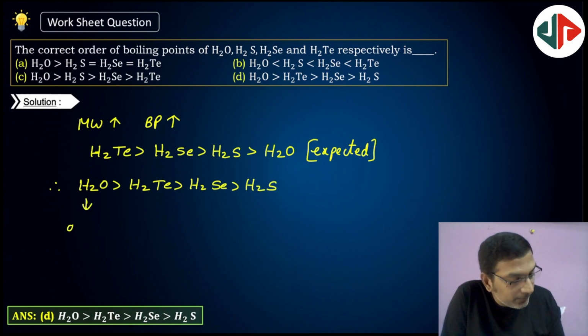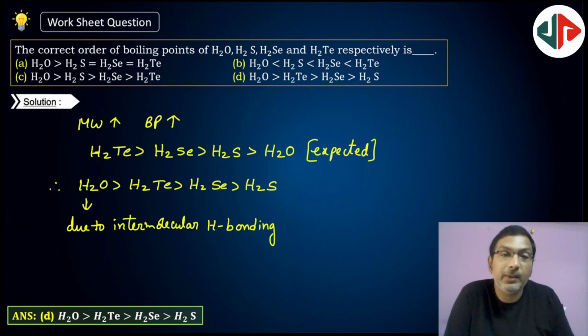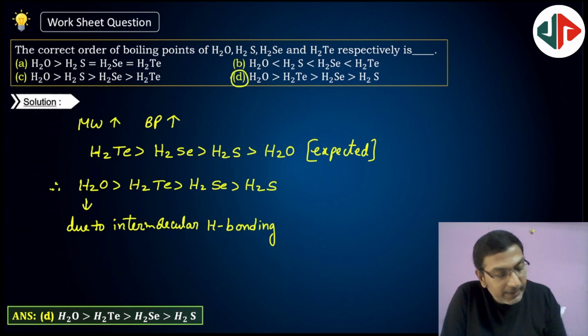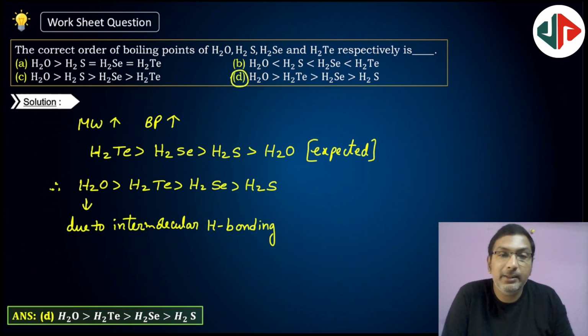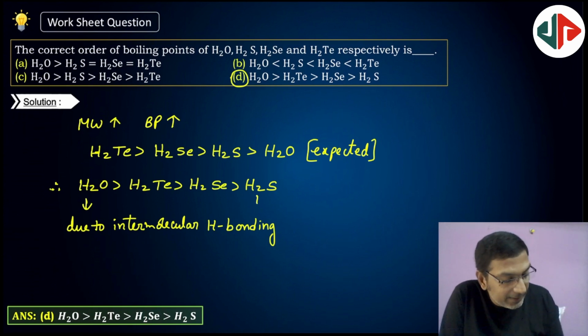So due to intermolecular hydrogen bonding, it will have the highest boiling point. Therefore, order D. H2O highest, H2S least. So H2S has the lowest boiling point. Therefore, it is highly volatile.